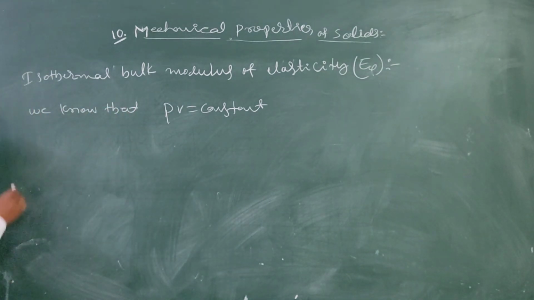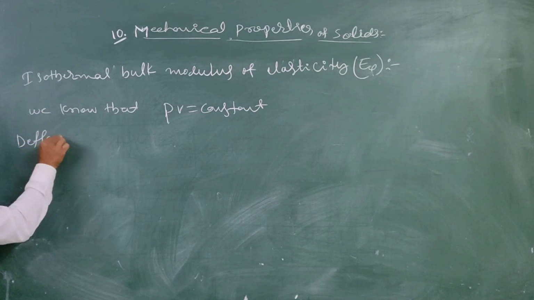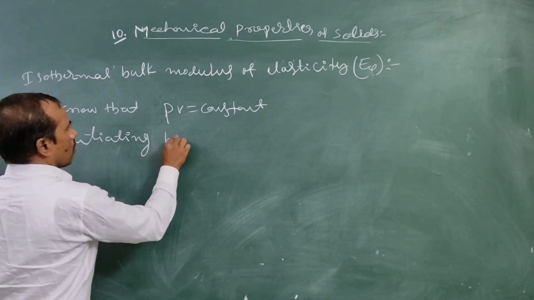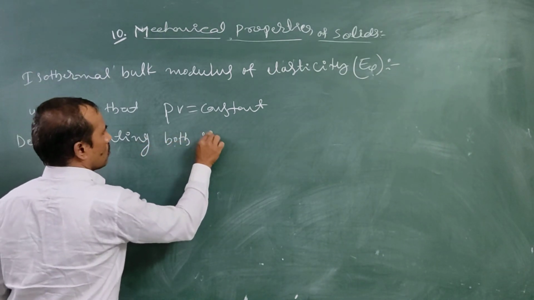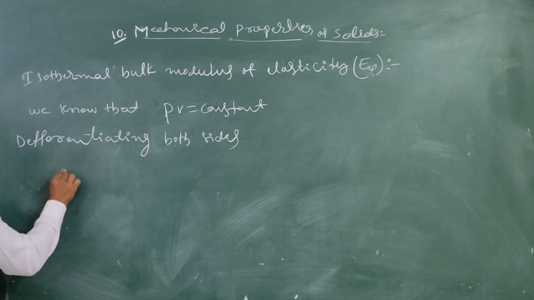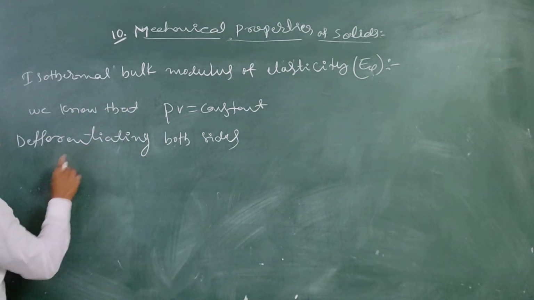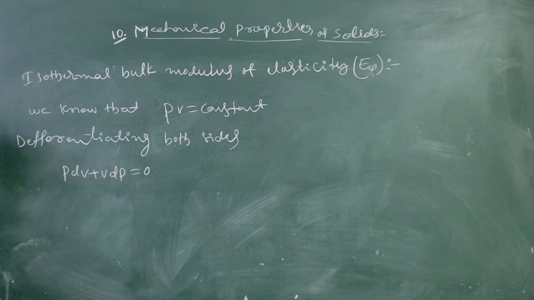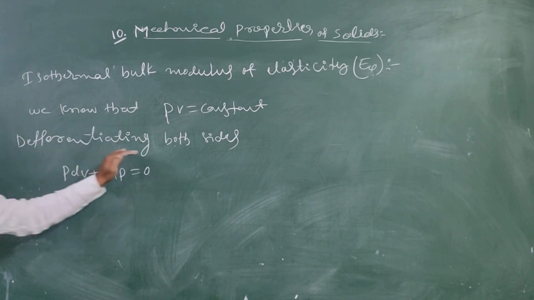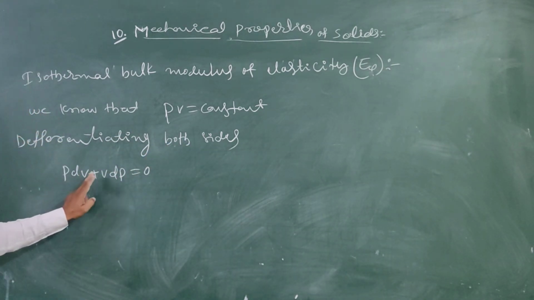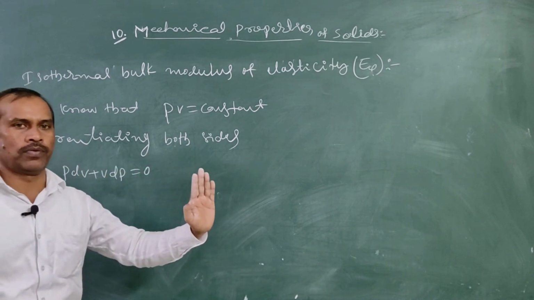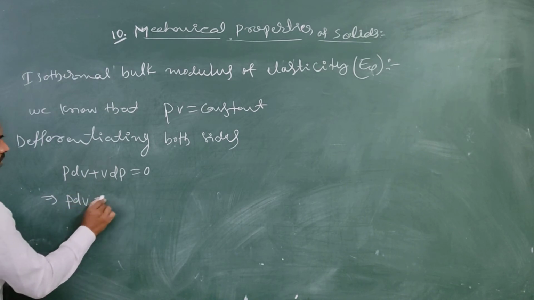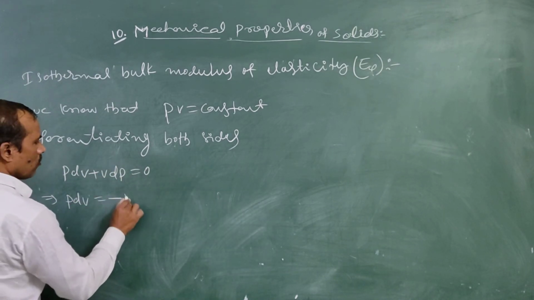Differentiating both sides: P dV plus V dP is equal to constant. Differentiating, P dV plus V dP is equal to 0. Now simplifying, P dV is equal to minus V dP.